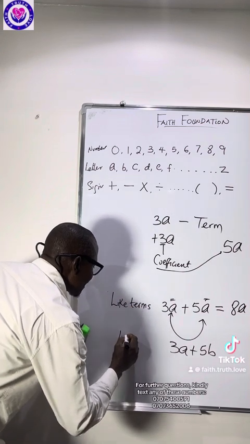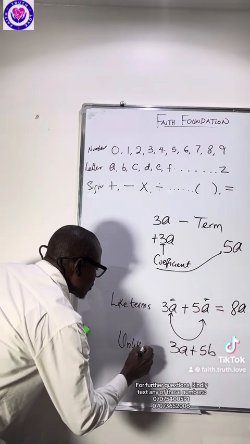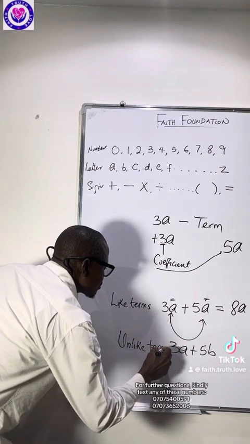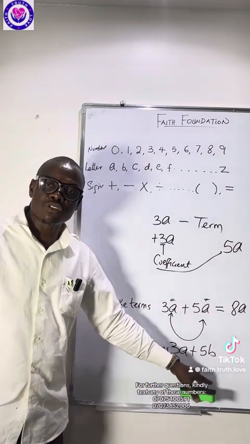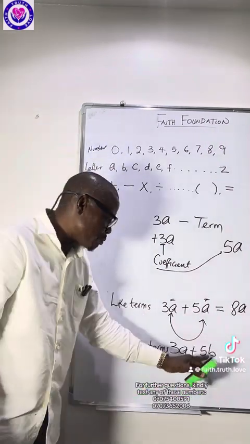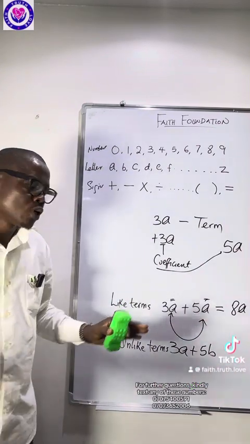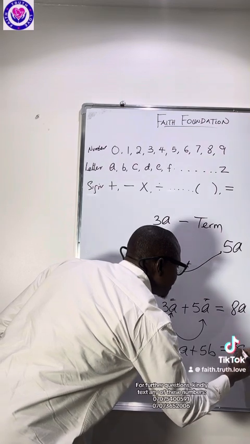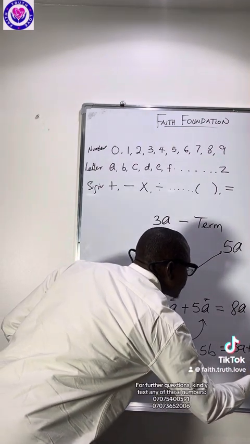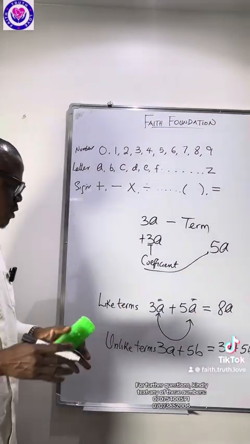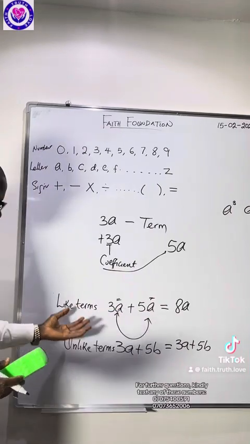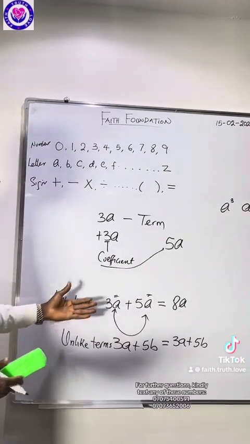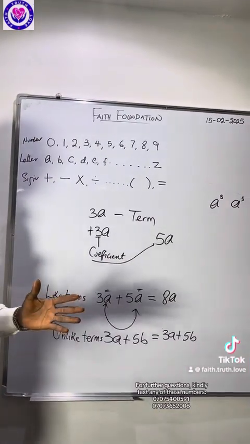You cannot add them because B and A are not the same. So the answer will simply be 3A plus 5B. While for like terms, because they are the same, you can add them together. I think that is clear.